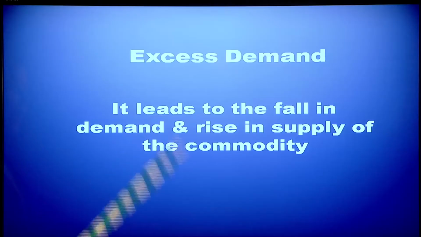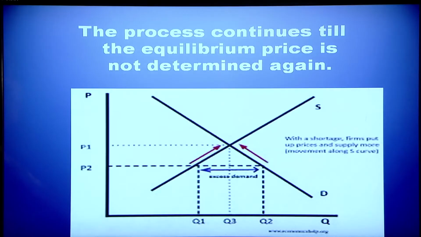So, this is what results in case of excess demand, as a result of which here the price has a tendency to move back to the equilibrium price, which is P1, and equilibrium quantity, which is Q3.